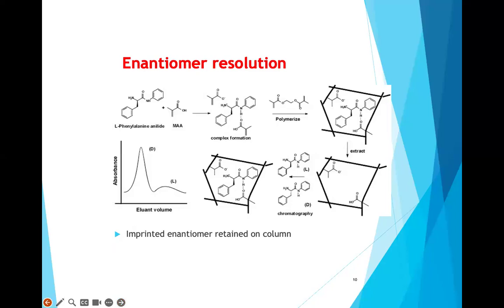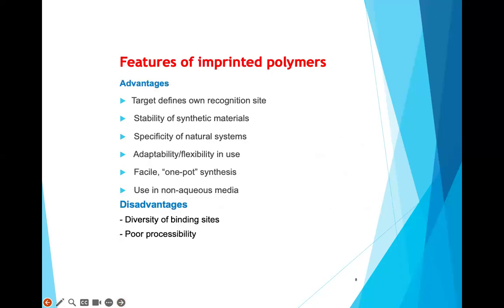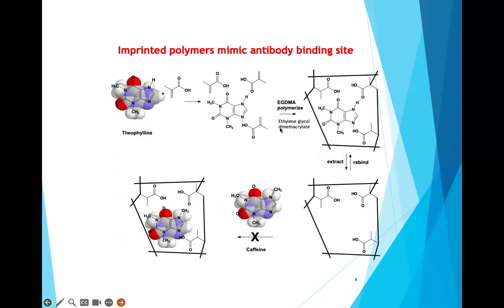Let's look at the previous one. The interaction between the monomer and the template. So we have to look at what are the possibilities that can happen between this template and the monomer.